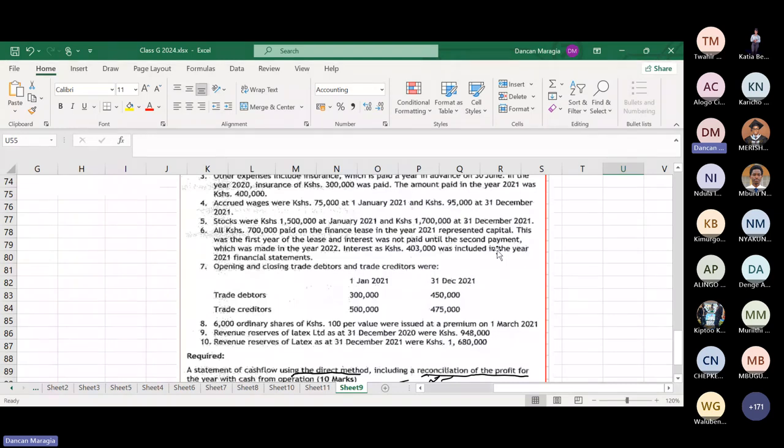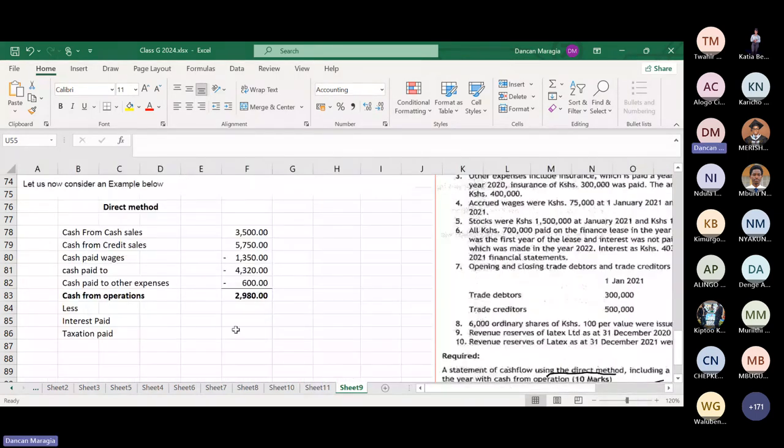When we do the direct method, we are going to include it as an uncashed item under the accruals method. Because if it was included in the financial statements but not paid, then it was an uncashed expense, an expense that is recognized but not yet paid, which will come when we are looking at the direct method.